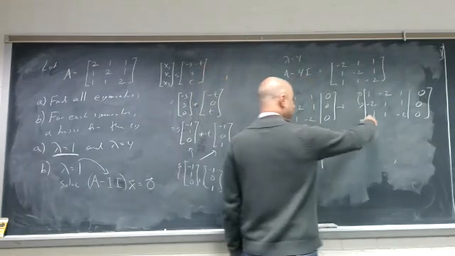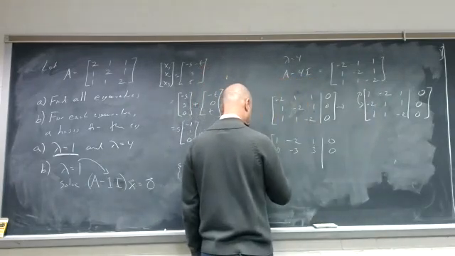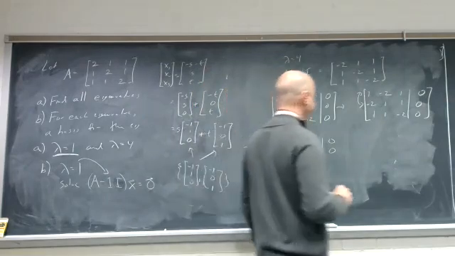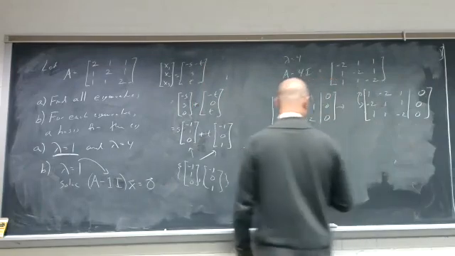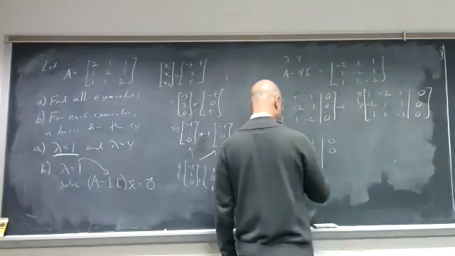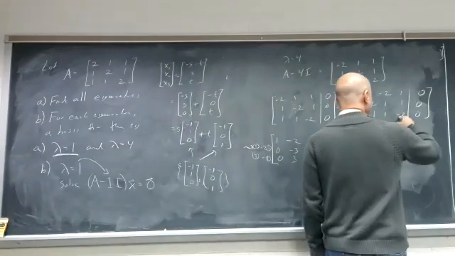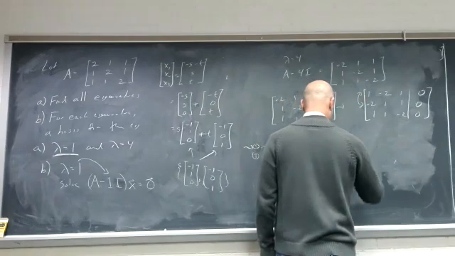And I want a 0 there, so I will take row 3 and subtract off row 1. 1 minus 1 is 0. 1 minus negative 2 is 1 plus 2, that's 3. Minus 2 minus 1 is negative 3. 0.